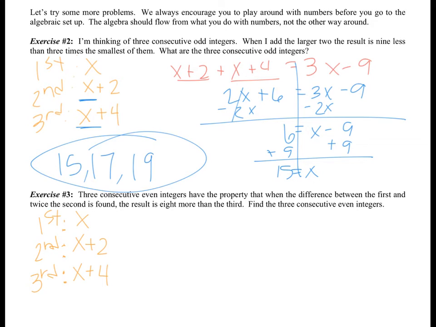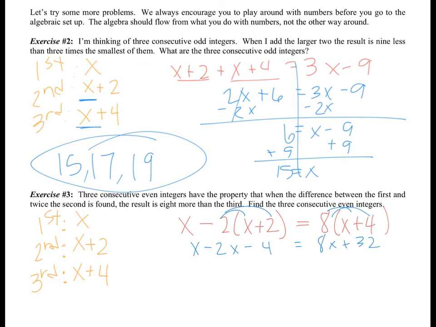So we're going to do the difference between the first and twice the second. The result is 8 more than the third. So we're going to do the distributive property, -2 times x and -2 times 2. So x minus 2x minus 4 equals 8x plus 32.